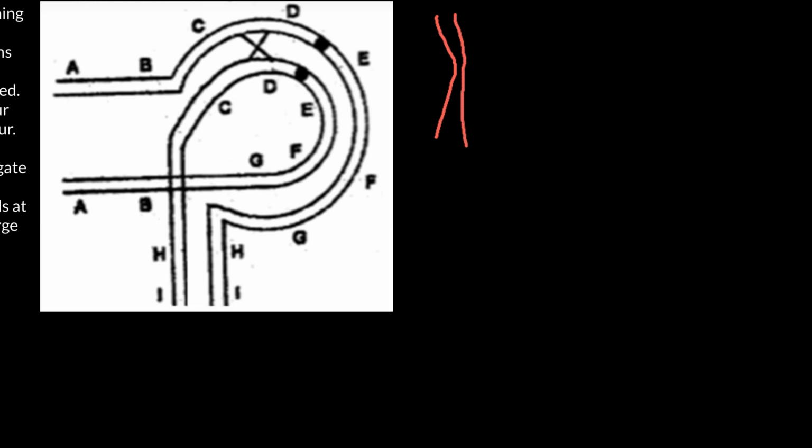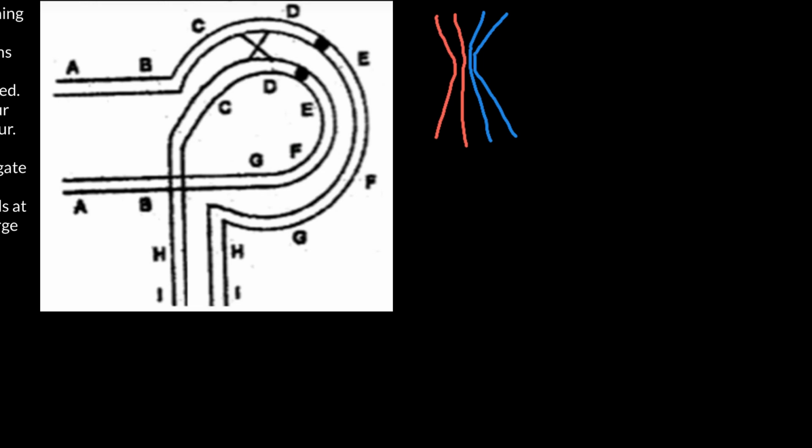So this is two sister chromatids, and here we have another pair of sister chromatids. We call this a tetrad. Basically, we have four chromosomes connected together in the middle, at the centromere.